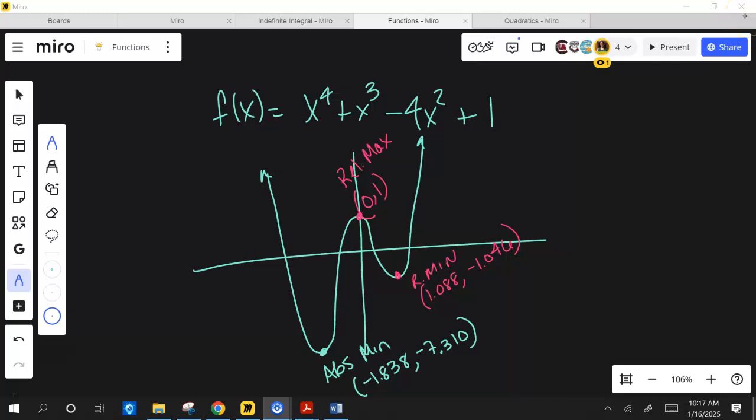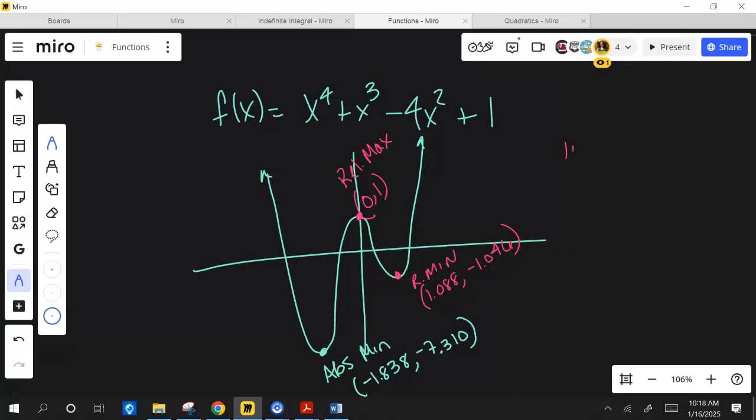Let's do the increasing, decreasing intervals. Now, when you write intervals, you write them using the X values. Always the X values, because you're reading it left to right like you read a book. And which axis runs left to right? The X axis.